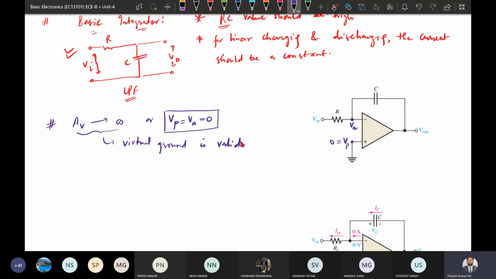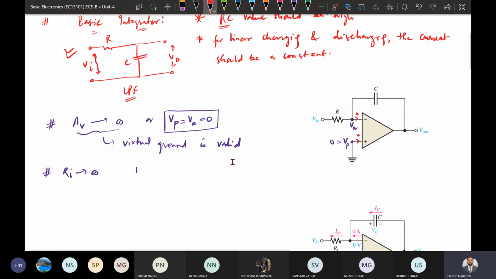Also, as the input resistance is considered to be very high, the current into the input terminal will be 0. So all the current that is flowing here, the same current will flow in this way also. If the current direction is opposite, the same current will still flow.